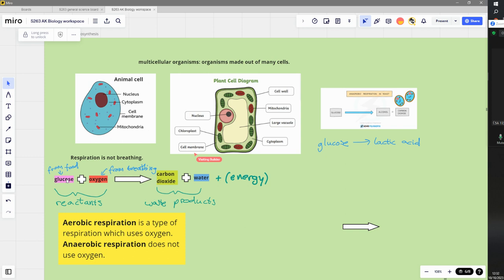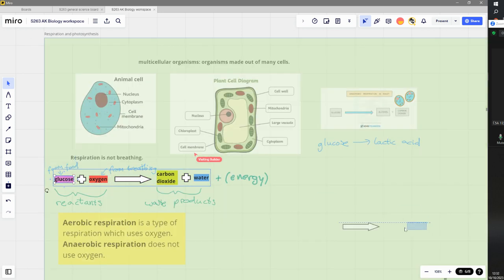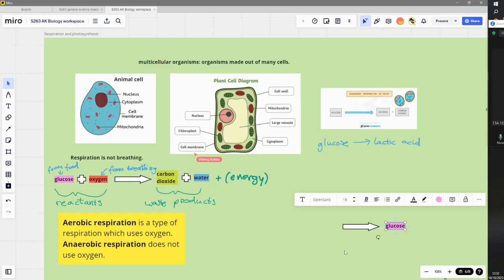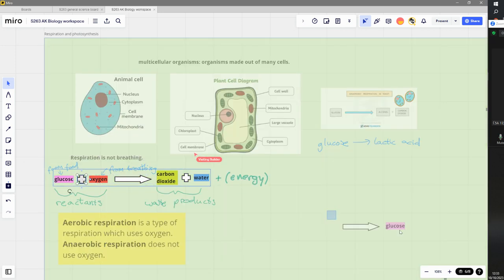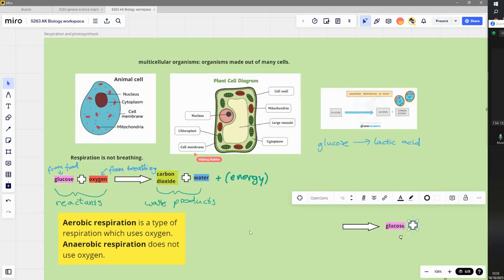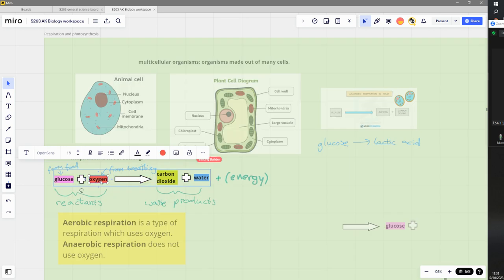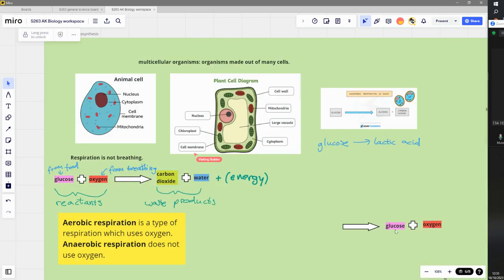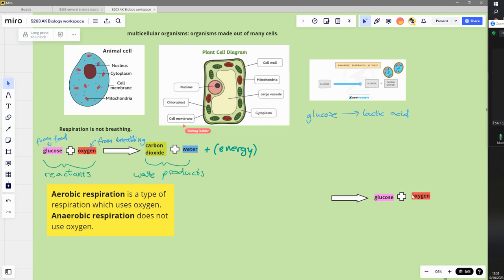And I've already said that glucose is produced, so we can put that over there. There are other things that get produced as well, so we'll get a plus symbol there. And the other thing that gets produced is oxygen. So this is quite convenient, isn't it? We've got the glucose and the oxygen produced from photosynthesis, which is just what we need for respiration, and also what the plants need for respiration.